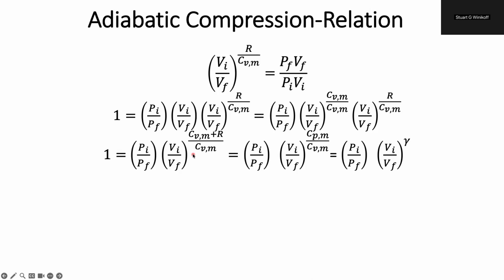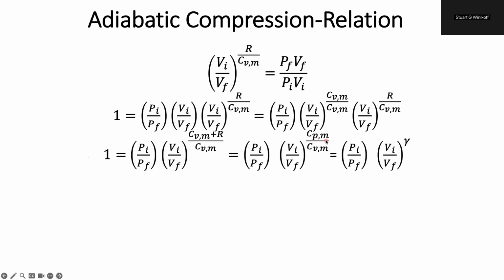But this is an ideal gas. Several lectures ago, we proved in about 3 different ways that isochoric heat capacity plus R is just the isobaric heat capacity. So what we find is that the ratio of pressures times the ratio of volumes to this ratio of isochoric to isobaric heat capacity will equal 1.